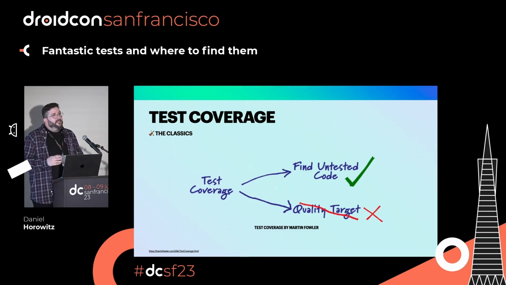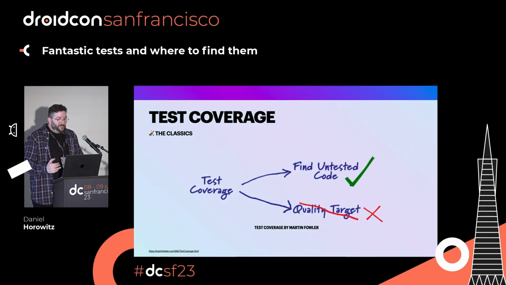So for me, I always build this metaphor that if you want to have a good test suite, you shouldn't try to change the world without making your bed. So if you actually want to have a good test suite, you should first introduce this metric into your code base and find where the untested code is.